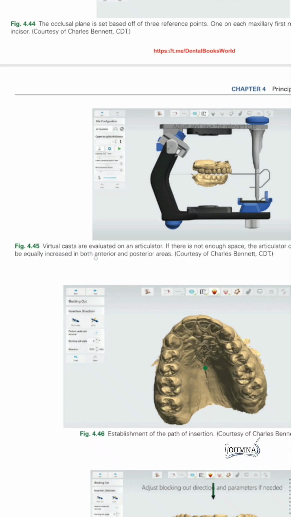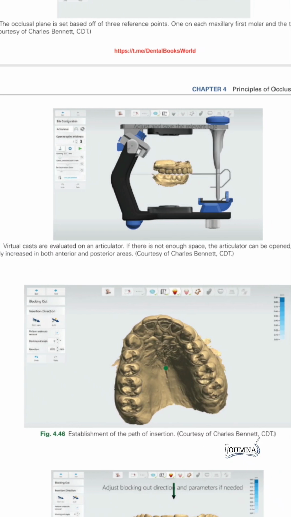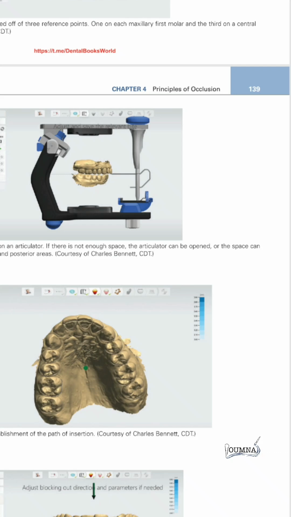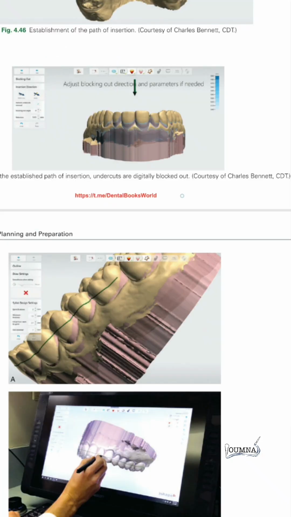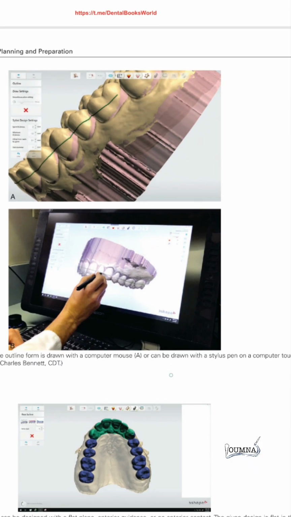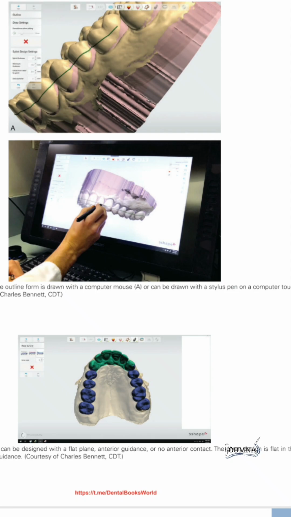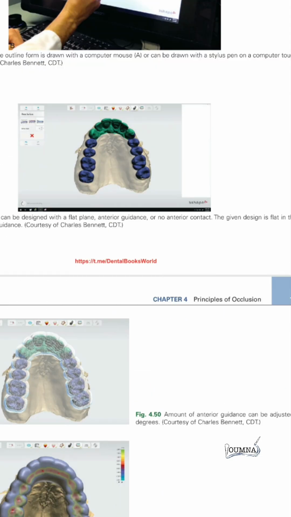Here the casts are evaluated on an articulator. Here we can see the outline being designed and drawn.